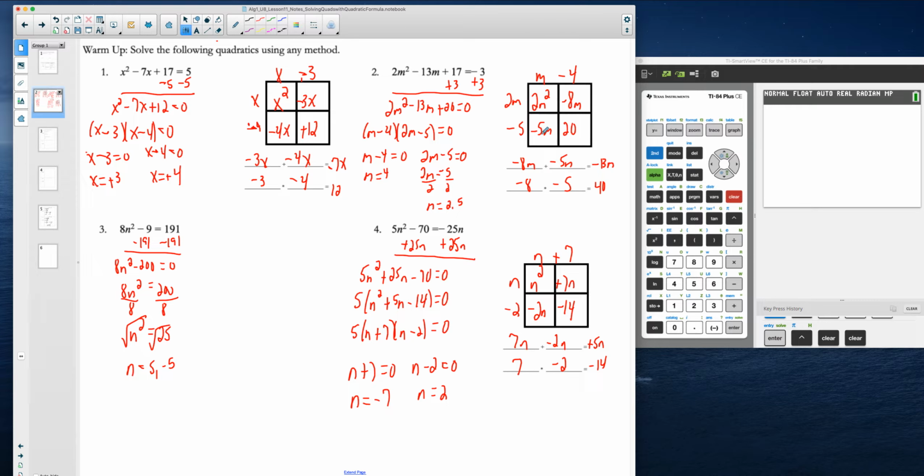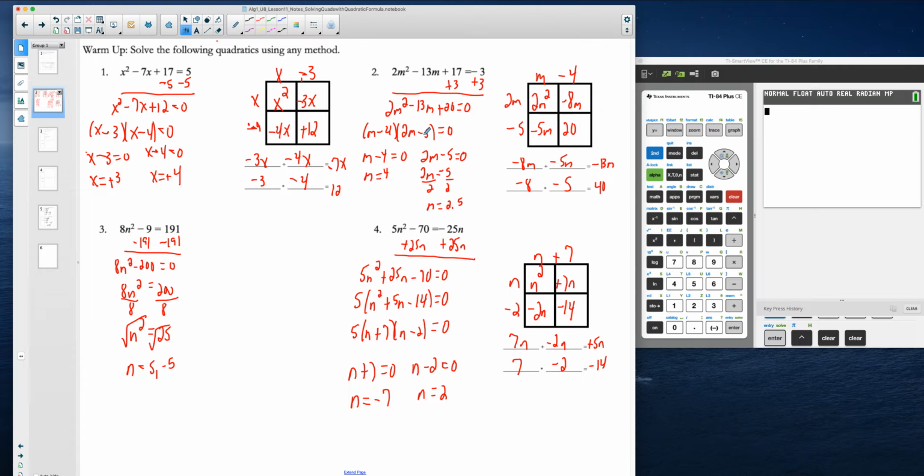We look at our greatest common factor vertically here. That would be just m. Our greatest common factor in our second column would be negative 4. Once again, these two terms are both negative, so we're going to have to factor those negatives out. Now, when we look at our first row, we can see that our GCF would be 2m. And when we look at our second row, once again, it was going to be that negative 5. So now here's our first factor, m minus 4.